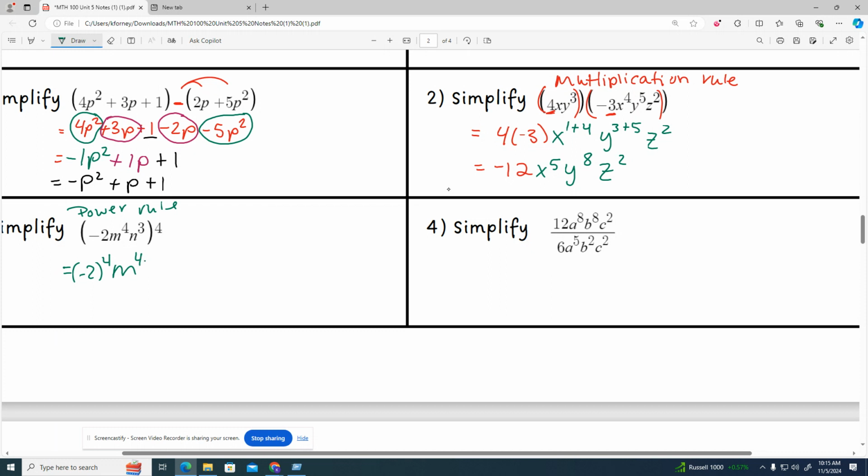M to the 4 times 4, and N to the 3 times 4. Now remember, negative 2 to the 4th is not negative 2 times 4. It really means negative 2 times negative 2 times negative 2 times negative 2, which is 16. And then multiply your exponent, m to the 16th, n to the 12th.